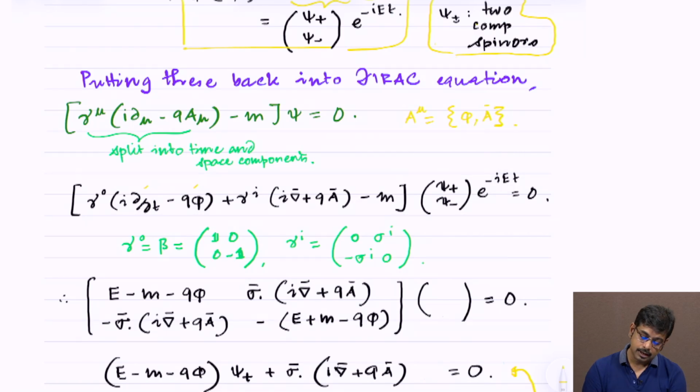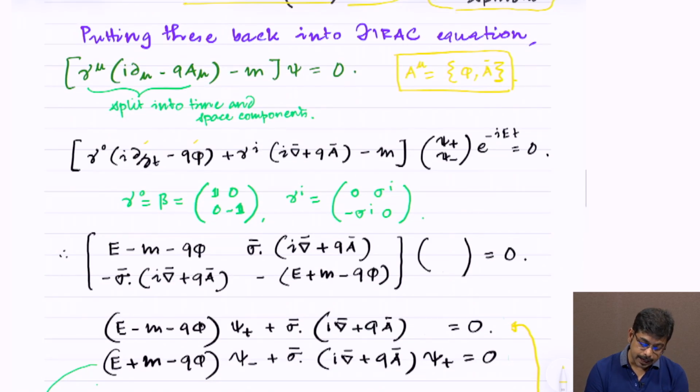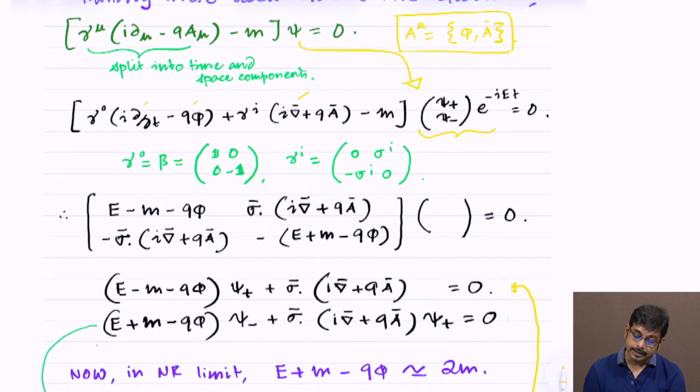So, this is the 4-vector that you actually associate with A mu. Now, the second term is plus gamma·(i del plus q A) minus m, acting on psi, which is (psi plus, psi minus) e to the power minus iEt, equal to 0.